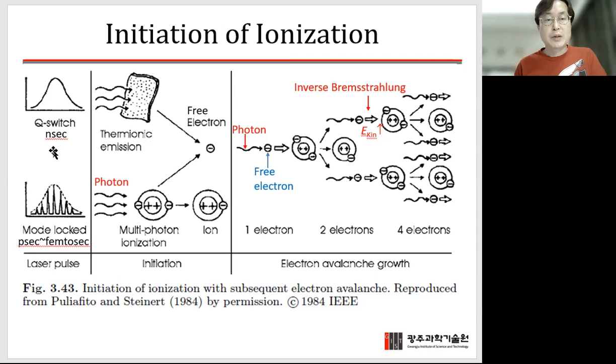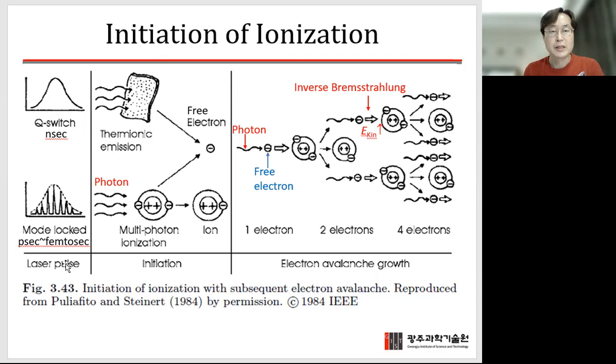For the Q-switch nanosecond laser, since it's not a very short pulse, it can cause thermionic emission, which means generating heat, and the high temperature can eject the electron, so that this becomes a free electron, not bound to any atom.